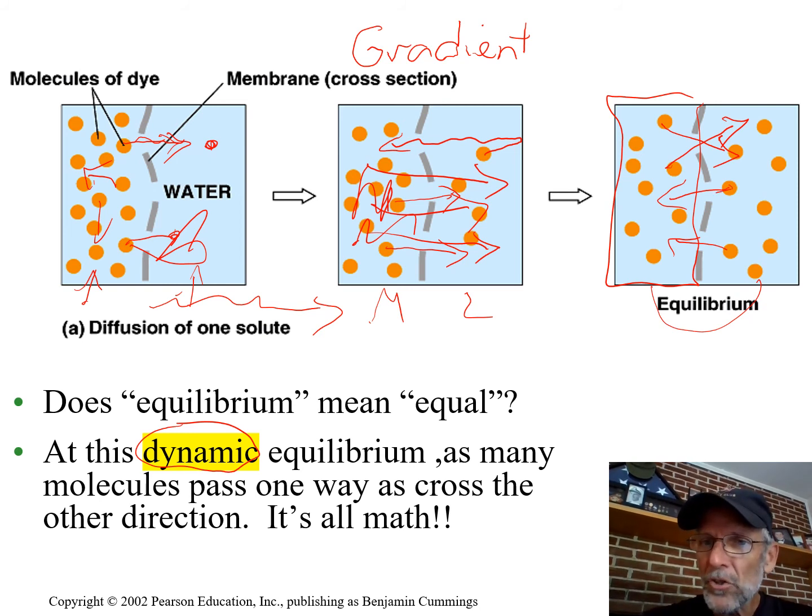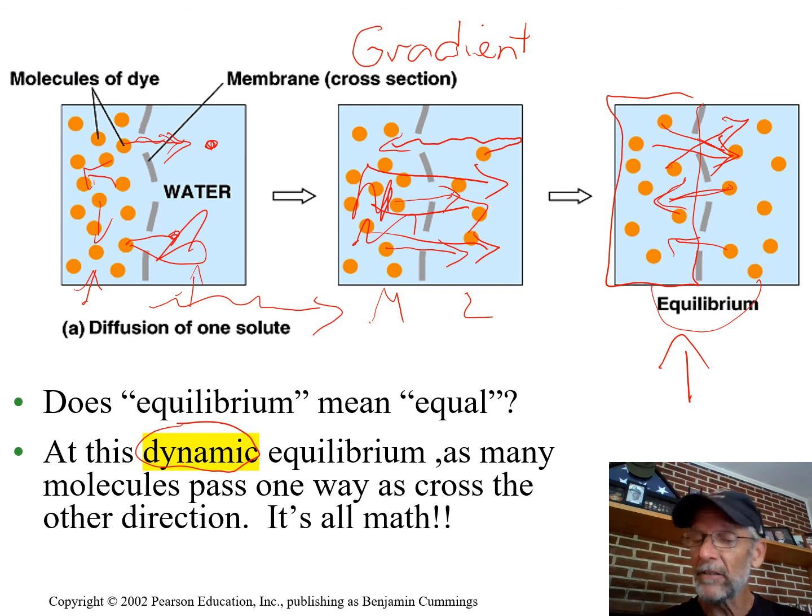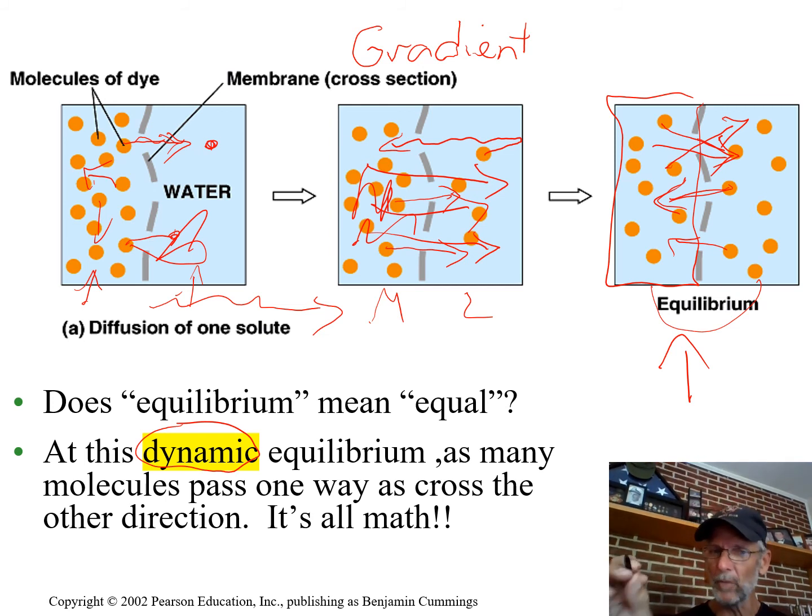Now, particles are still moving, but since the definition of diffusion is net movement, and we don't have any net movement, we say in this system, there's no diffusion happening. Even though there's movement, movement and diffusion are not the same thing. Okay, a little bit of a difference, but it's kind of a key definition difference.